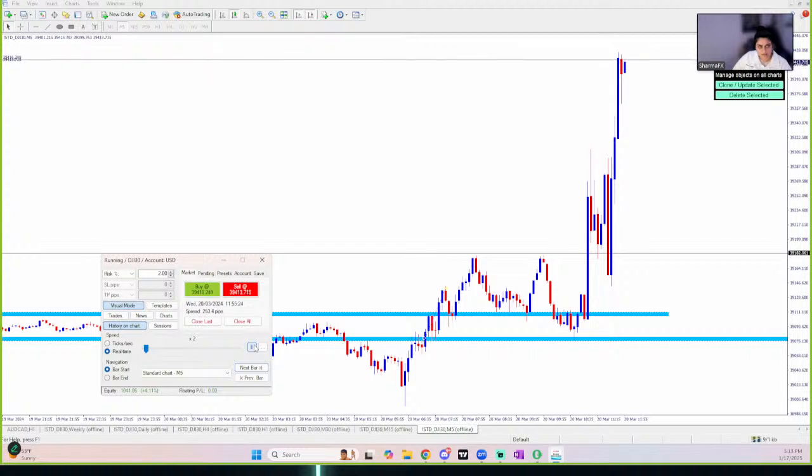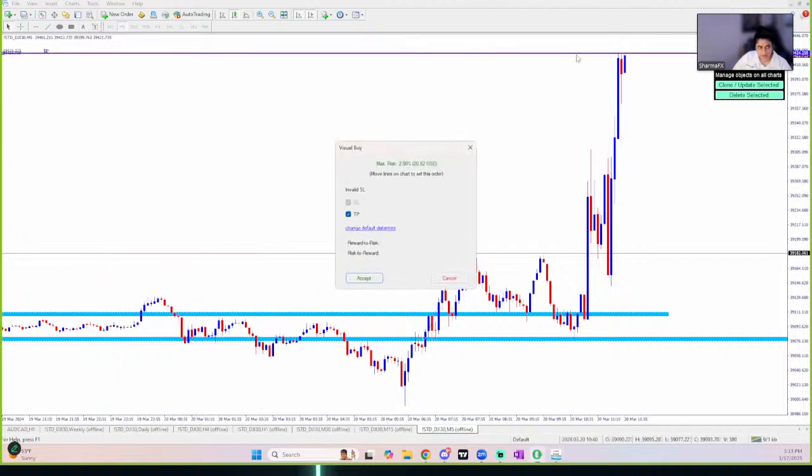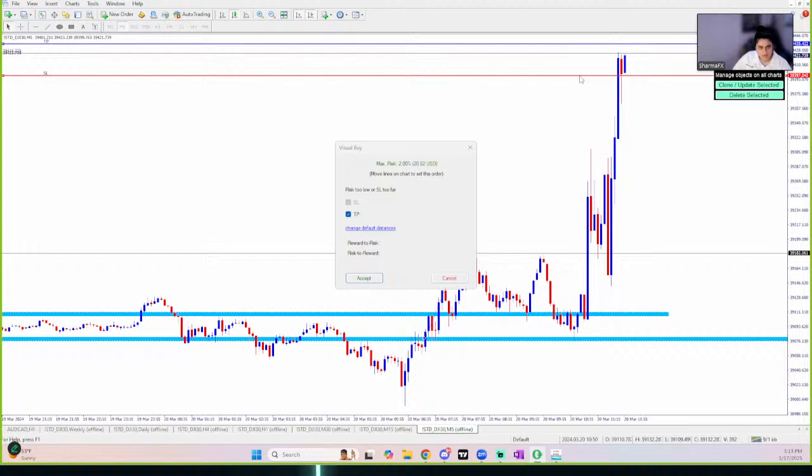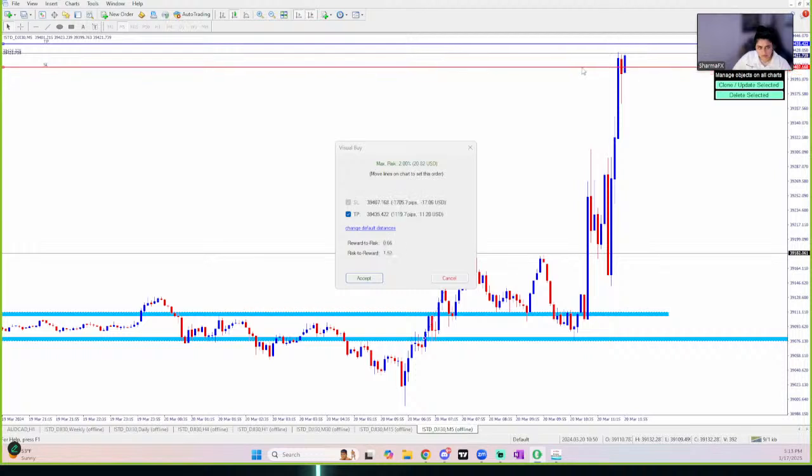Let's see if this candle can break highs. Alright, let's come in with a buy. Yeah, it would want me to place it somewhere here, so I wouldn't be comfortable doing that.